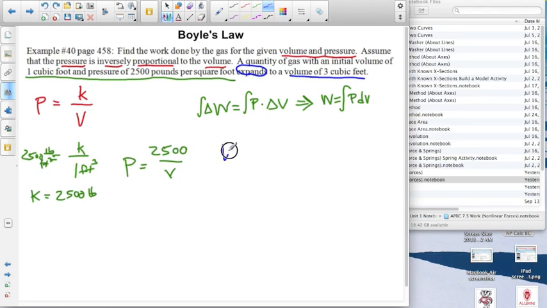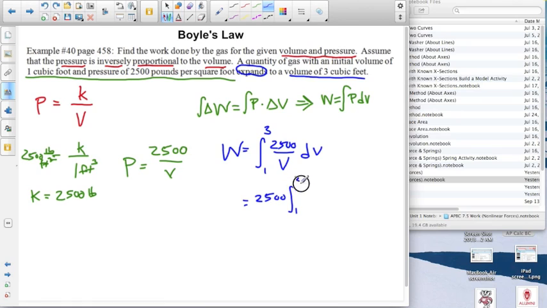So the total work here is our pressure function, 2,500 over the volume, dV, and the variable of integration is volume, and we're starting at 1 cubic foot and expanding to 3. And so if volume is the differential expression, then this is just a 1 over V integration.